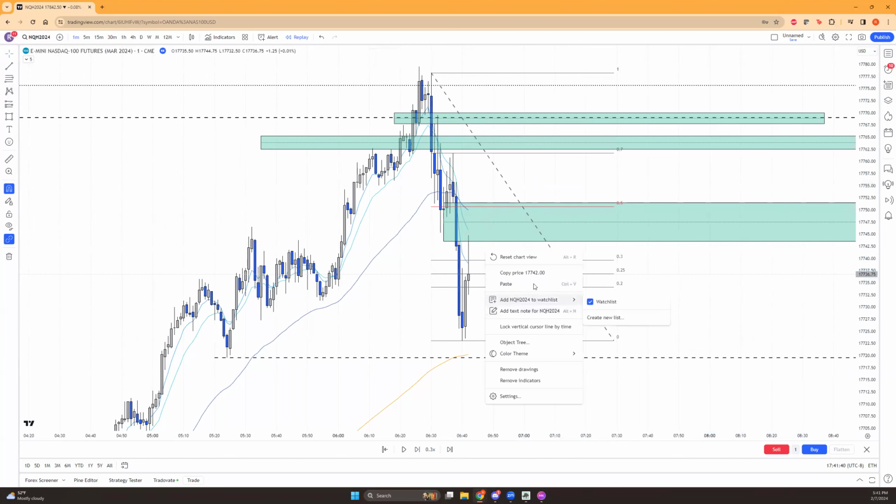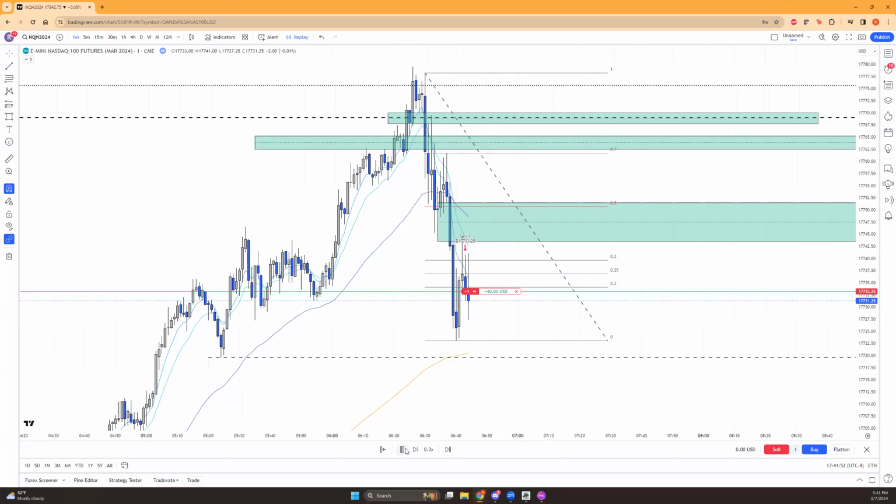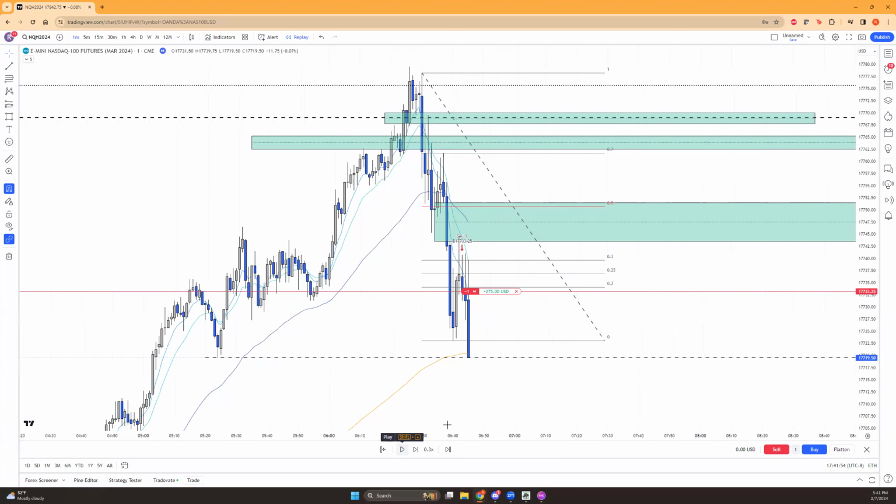So I did take a short entry over here, which it's probably not even gonna let me do. Let me see. So this was the short entry. I see equal lows. I did have a stop loss up here.